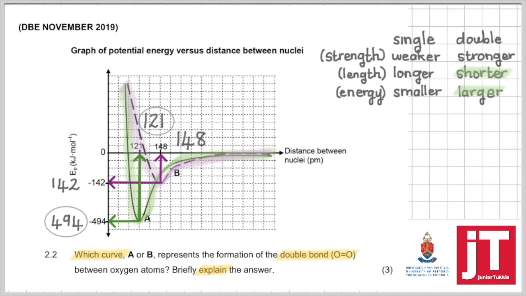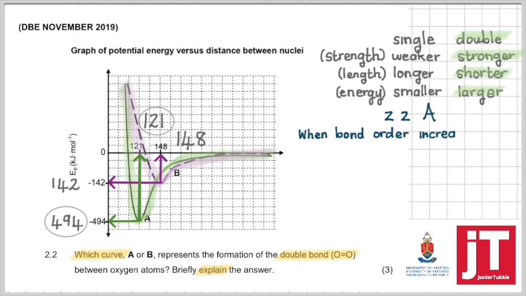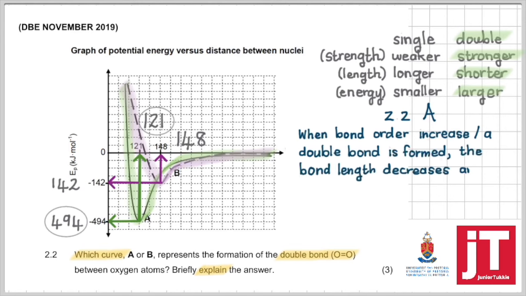therefore conclude that curve A represents the stronger bond and therefore that it represents the double bond. The answer to question 2.2 is therefore curve A. And the reason is when bond order increases or when a double bond is formed, the bond length decreases and the bond energy increases.